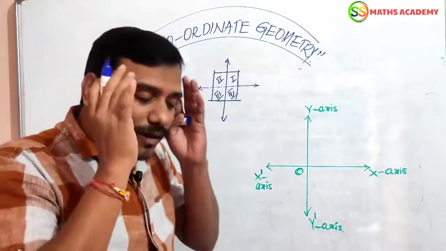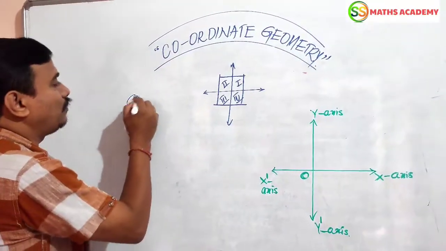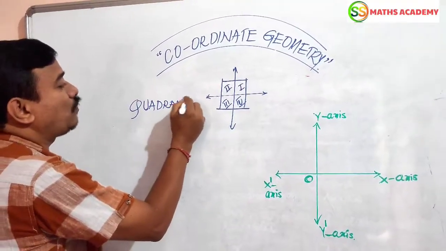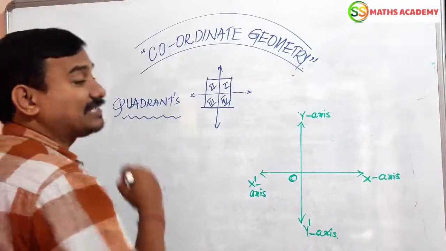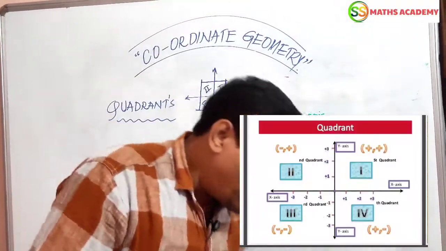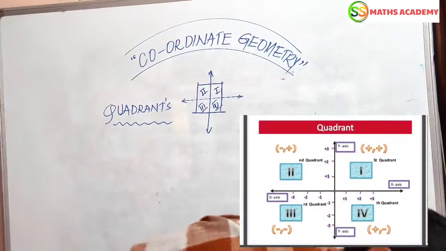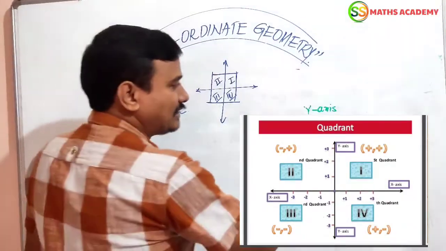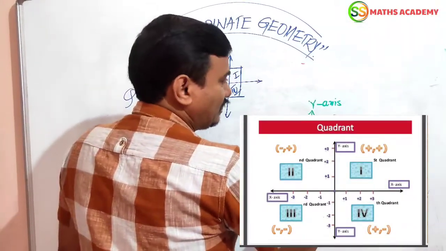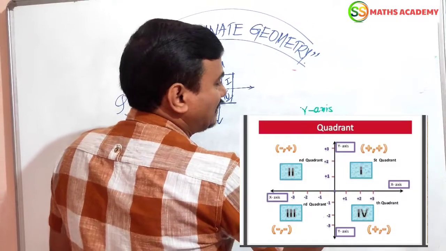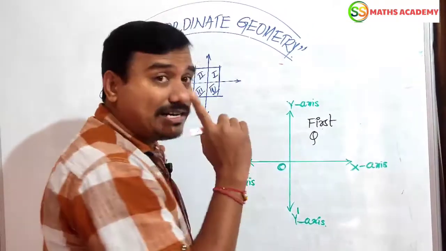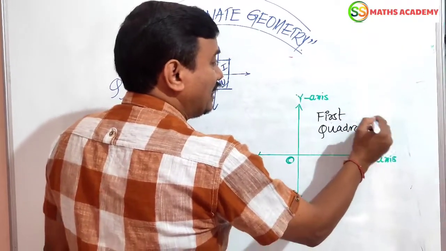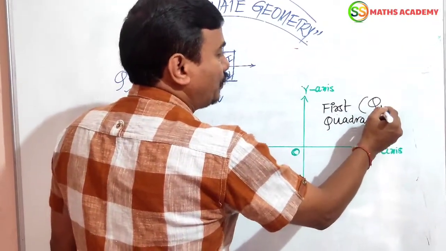Those 4 equal parts are called, now we are going to discuss the beautiful topic, quadrants, right? Yes, the plane is divided into how many parts? 4 equal regions. What are the regions? Yes, this first region is called the first quadrant, denoted by Q1.